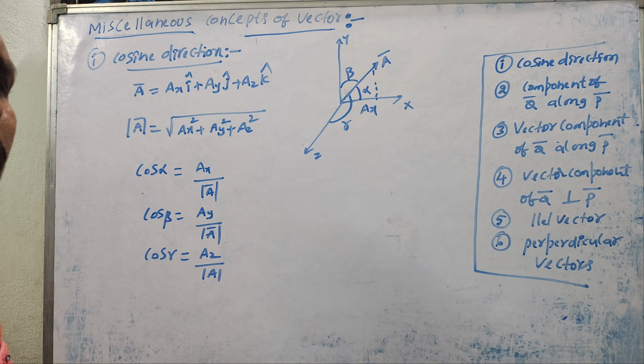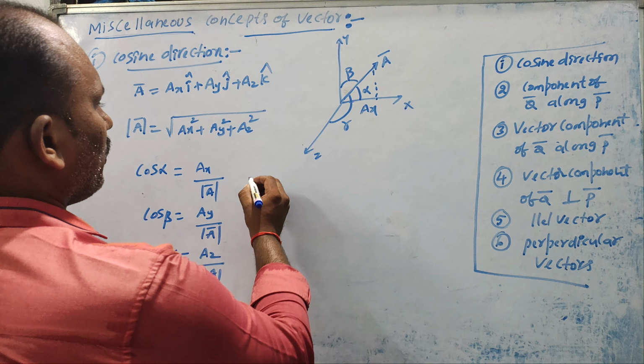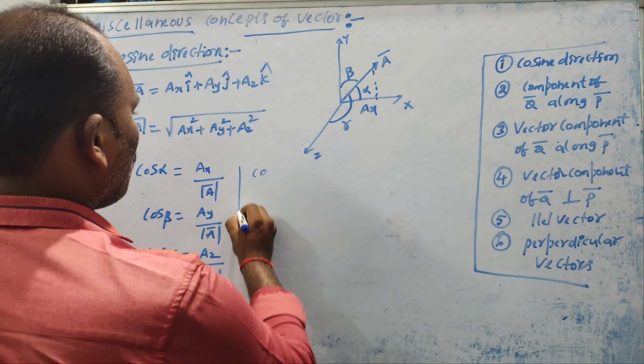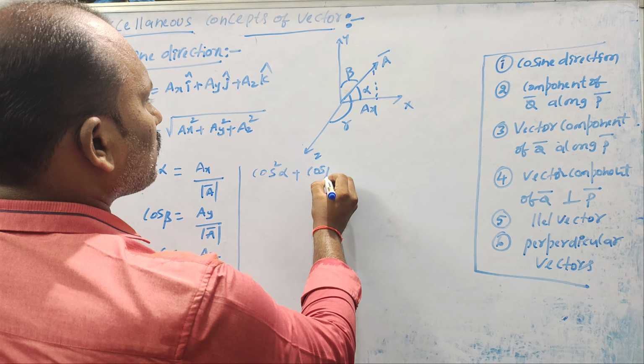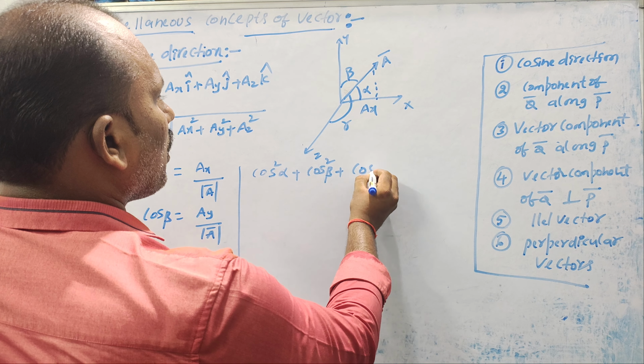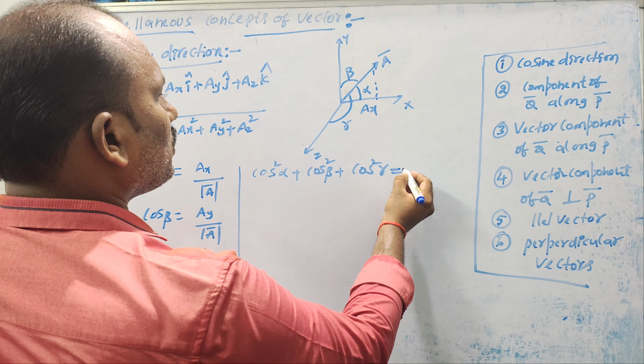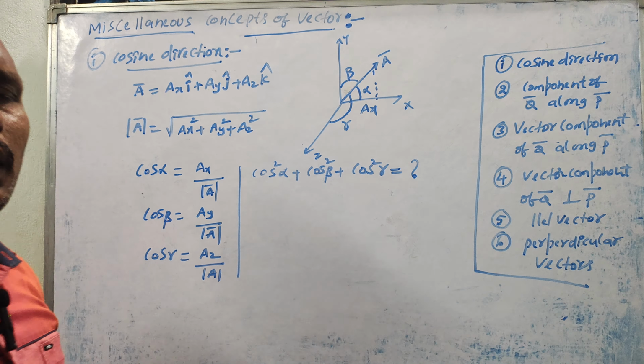And now I have to apply squaring on both sides. Let's see what will happen. So cos alpha square plus cos beta square plus cos gamma square is equal to how much? Let's see.